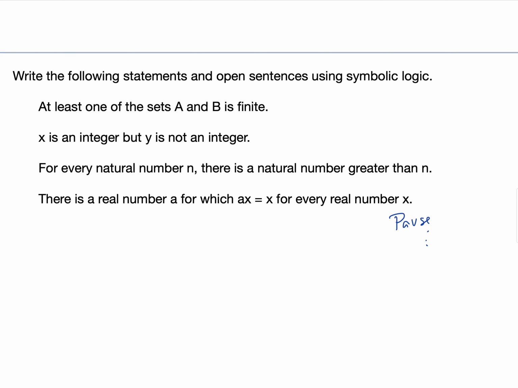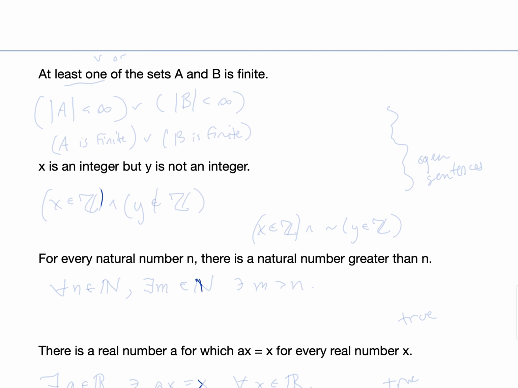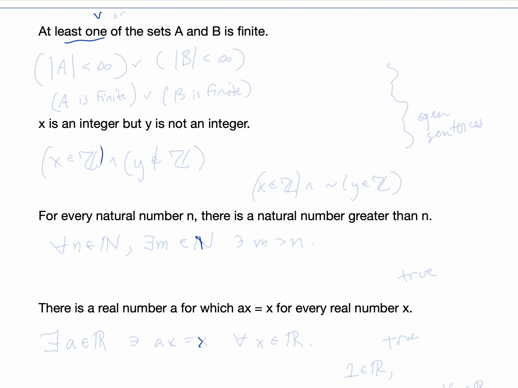At least one of the sets A and B is finite. Again, recall at least one is or. So we could write this as the cardinality of A is less than infinity, or the cardinality of B is less than infinity. You could have also written each of those in words: A is finite, or B is finite.